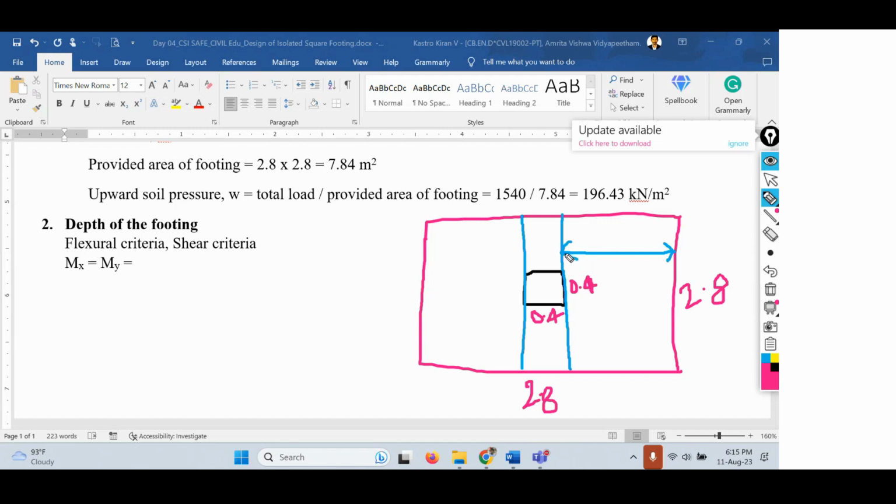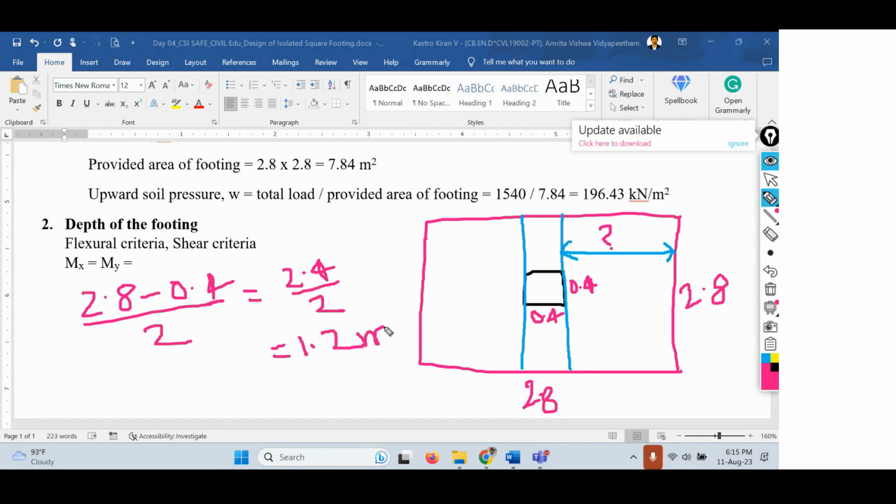So now we should calculate this distance. How to calculate it based on the dimensions that we have? 2.8 minus 0.4, that is the size of the column, divided by 2. 2.8 minus 0.4 will become 2.4. 2.4 upon 2 will give you 1.2 meters.